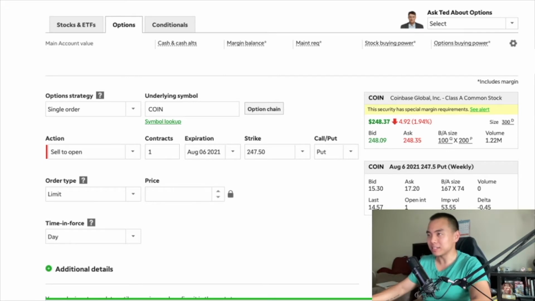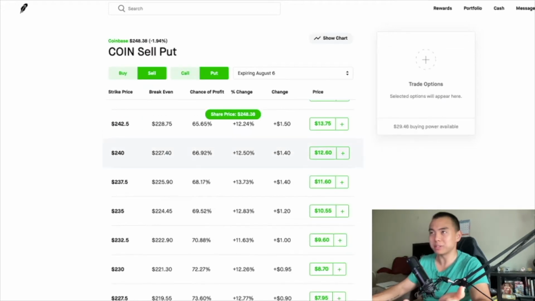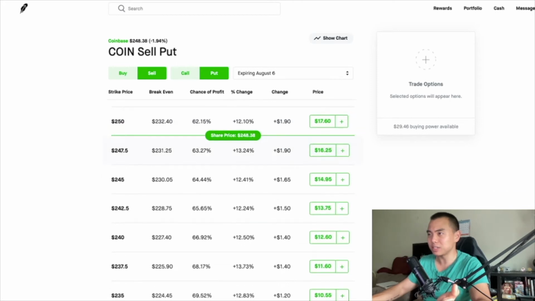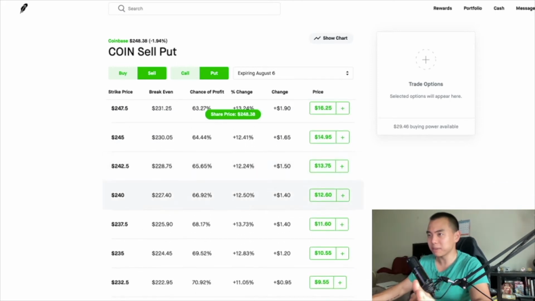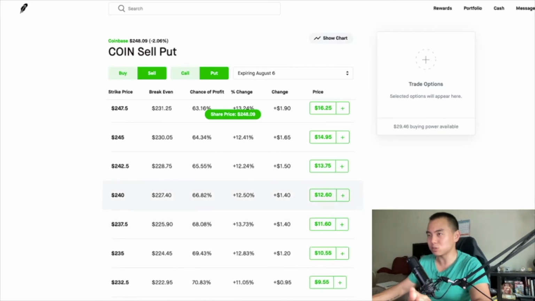And let's look at this strike price 247. I actually don't want to do that. I will basically just refer to Robinhood a lot because it's still one of the easiest UIs to look at. So here is where the current share price is at, and I want to sell a put, I think, at 237 or 240.